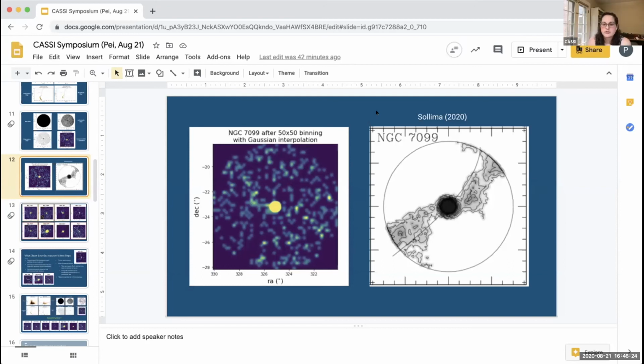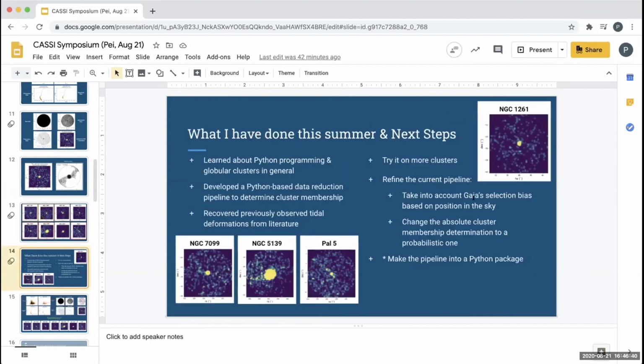All right. Any other questions or comments for Pei? Nobody else has one, so I'll come with a second one. Can you say a little bit more about, you mentioned biases in the Gaia proper motions, or what are biases that are known in the Gaia selection based on the position in the sky? So what I mean by that is that because Gaia was scanning the sky, it's a little patchy.